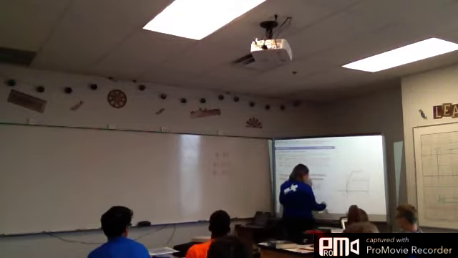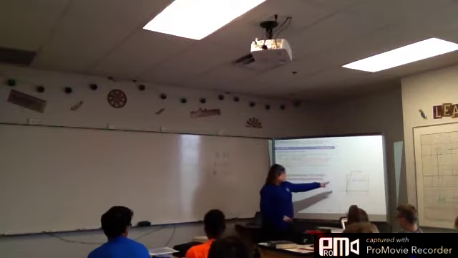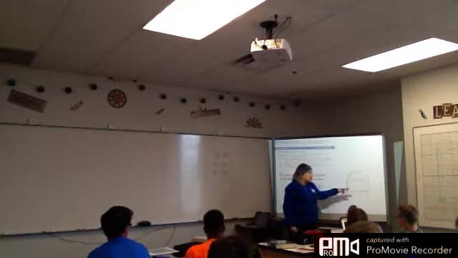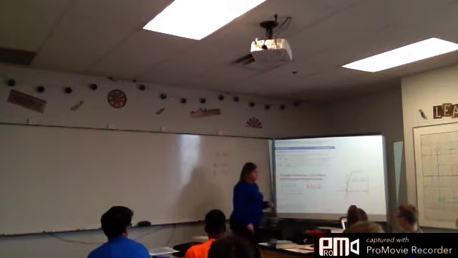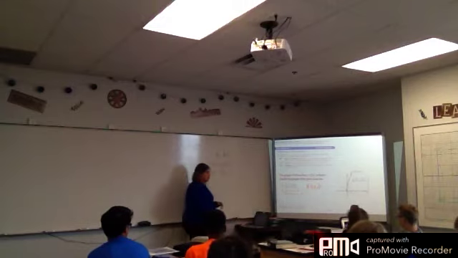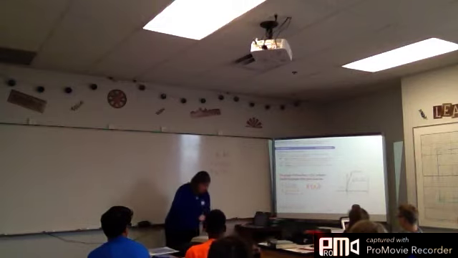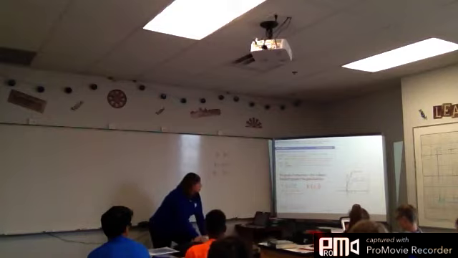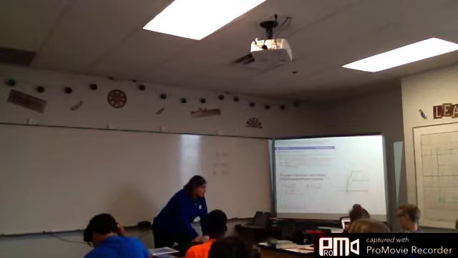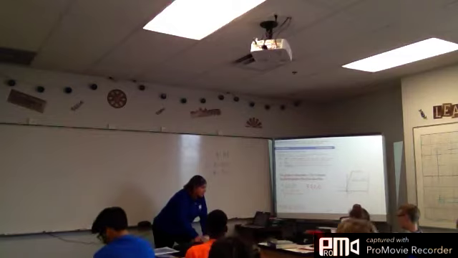Here's my vertex. Now, this was my original point, and what's it doing? Flipping. So if I flip the point 2, 3, if I reflect it over the x-axis, which we did all year last year in geometry, what's the pattern when you flip something over the x-axis?